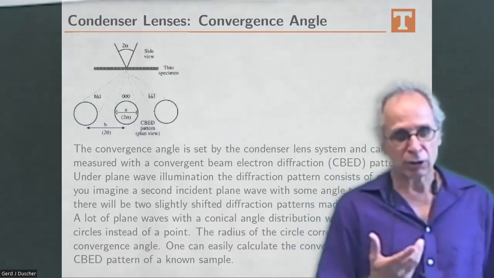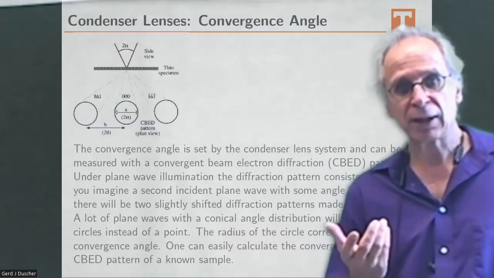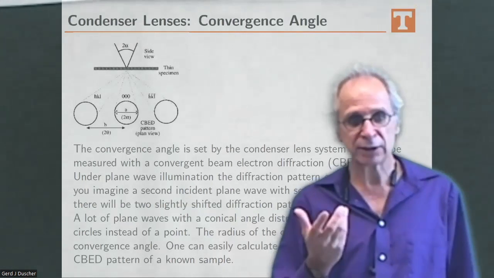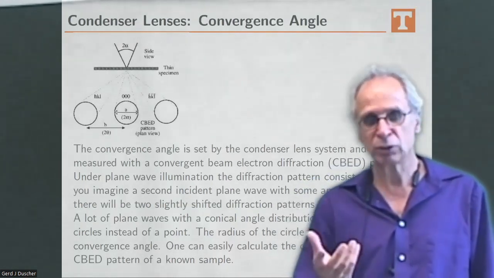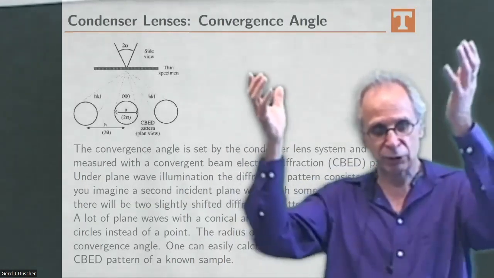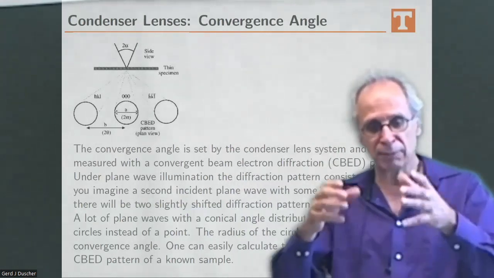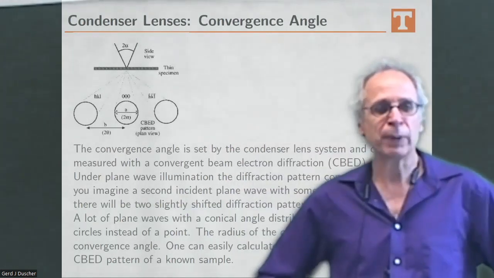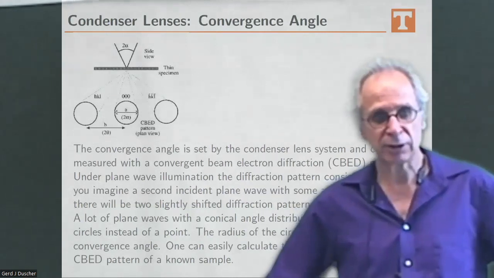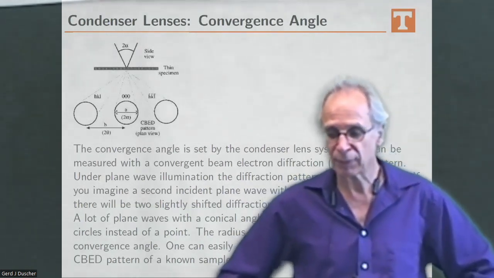So I talked about the convergence angle. In diffraction, and the STEM mode is in diffraction, we have a convergent beam. The diffraction pattern gives us all the information that we need.